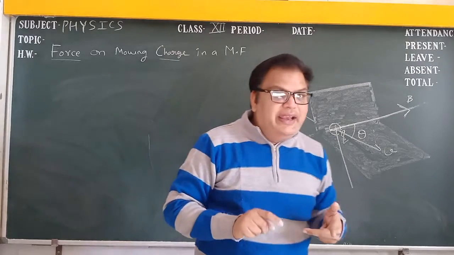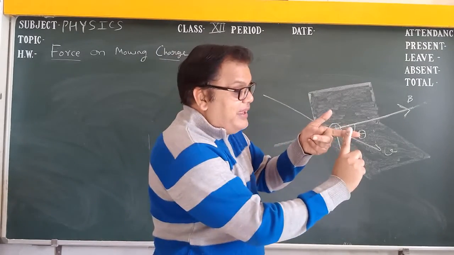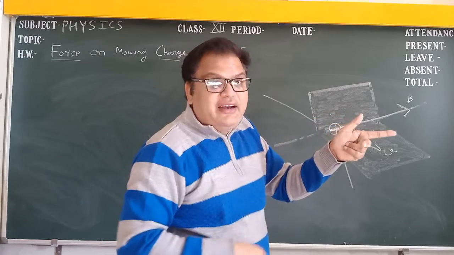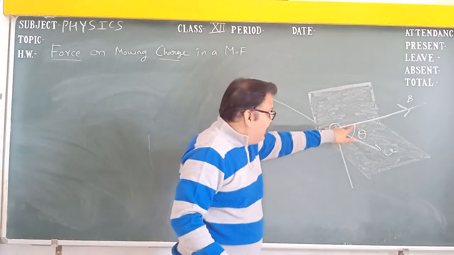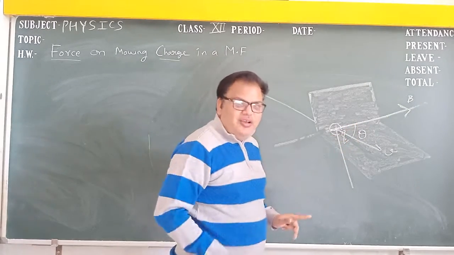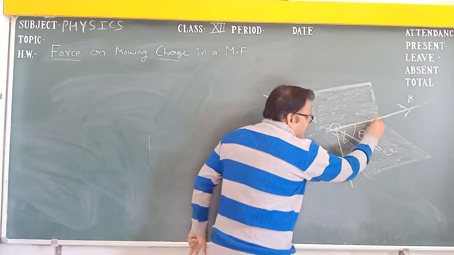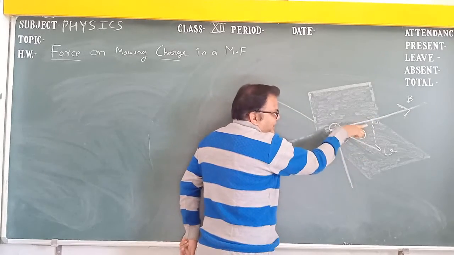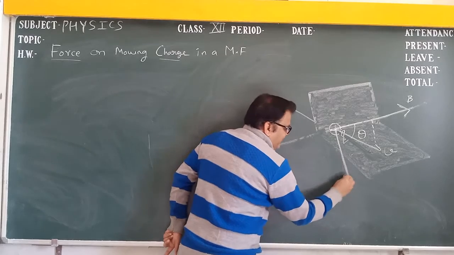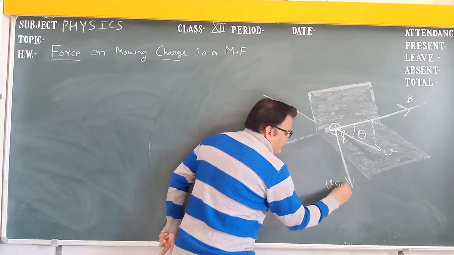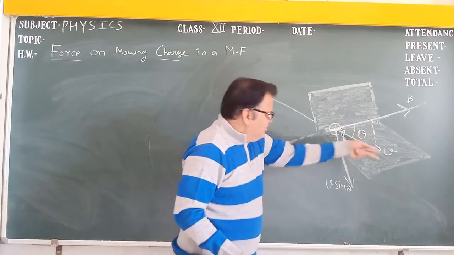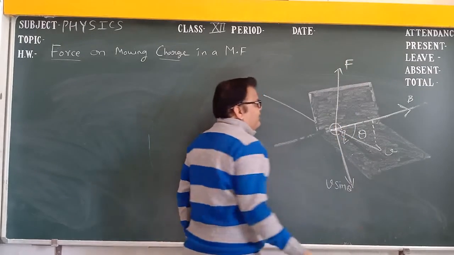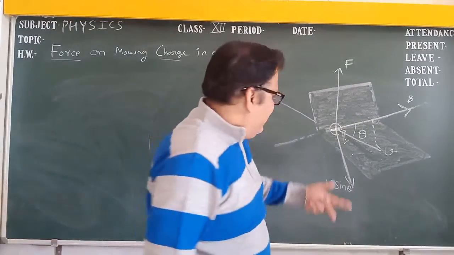The question comes to your mind, sir, you are telling that the magnetic field and velocity are perpendicular to each other in the left hand rule, but here the velocity makes an angle theta. It is not to be bothered about. If V makes an angle theta with B, then just take its perpendicular component, V sin theta. Then the force F is in this direction. That's all.